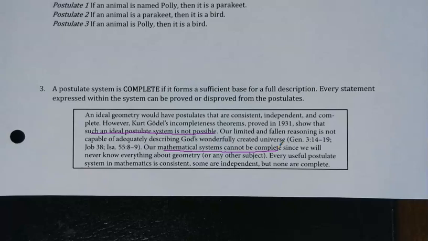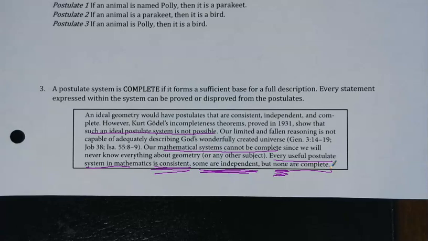So every useful postulate system in mathematics is consistent, and some are independent, but none of them are complete. Okay, so that's helpful to know. So every useful postulate system is consistent, some are independent, that's our goal, and none, absolutely none of them are complete. It is impossible.